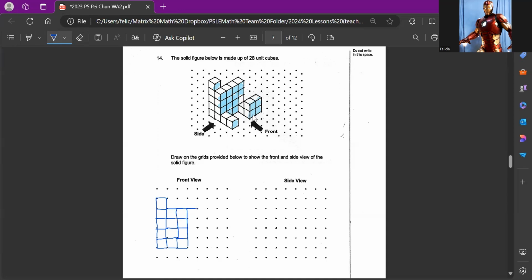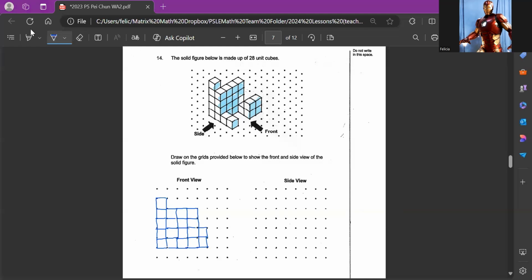Okay, so the same 4 again. Okay, and lastly, the last column, 2 at the bottom. Okay, that's it. So this is your front view.